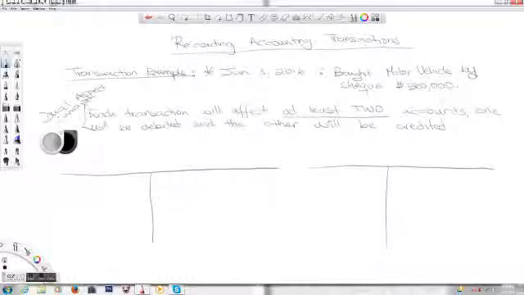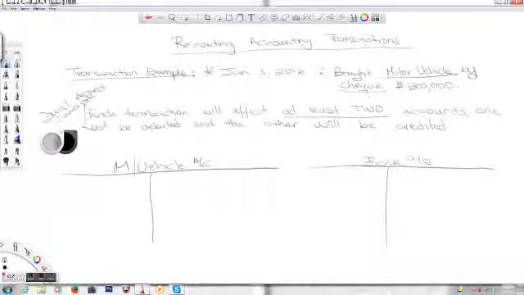Well, the 2 accounts that are affected by this transaction are motor vehicle, and how did we buy it? By check, and check means bank. So the 2 accounts that are affected are the motor vehicle account and the bank account.